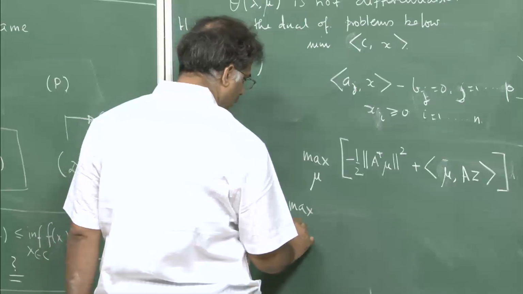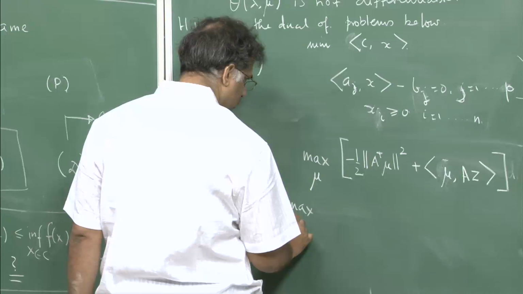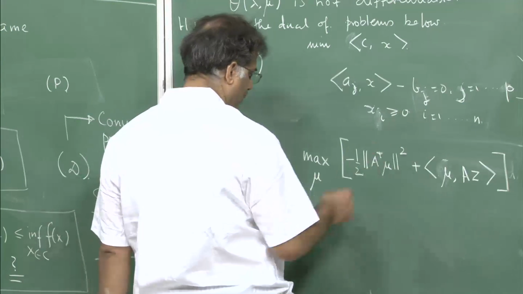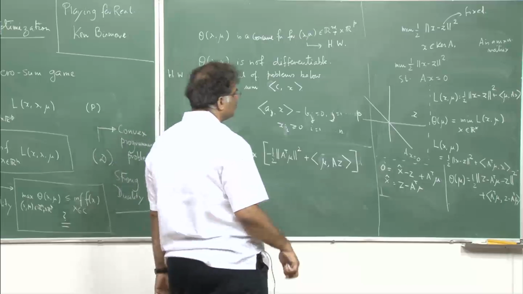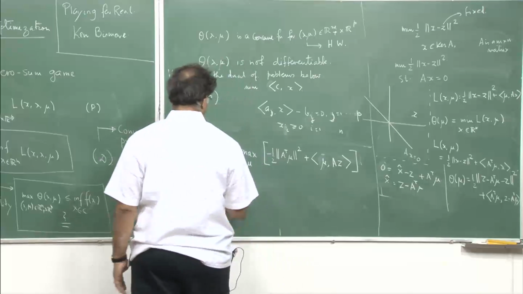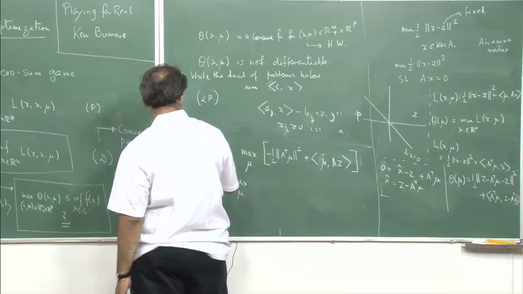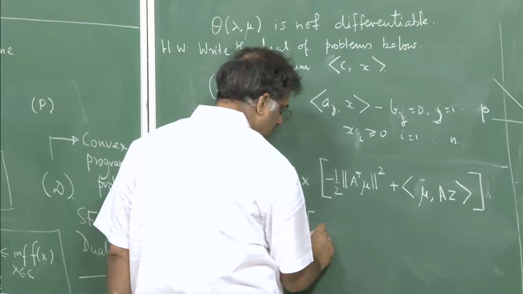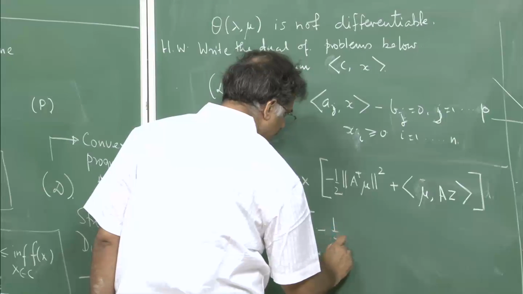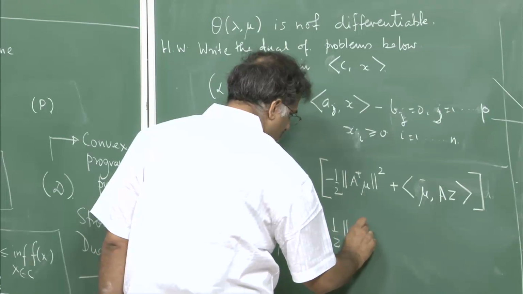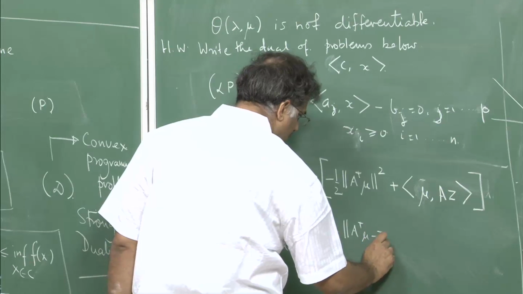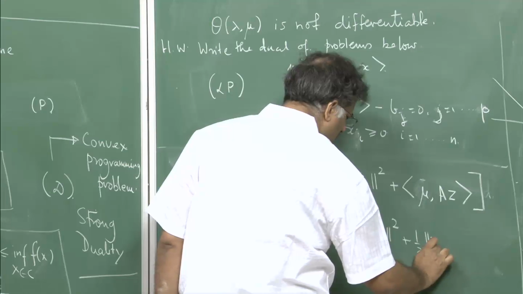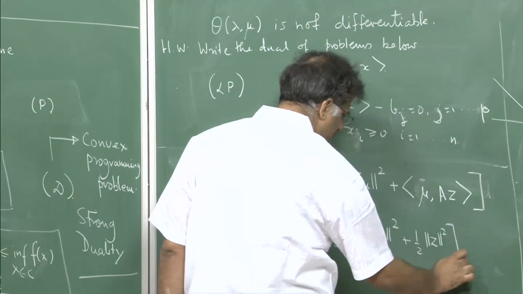So, you will have max over mu, mu is in R^m. If you are not sure, then let me write for you, and this is what I will get: minus half norm A transpose mu minus z whole square plus half norm z whole square.